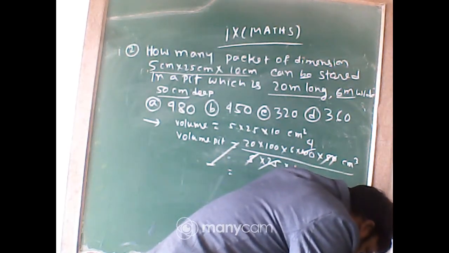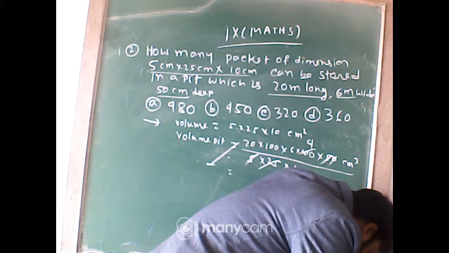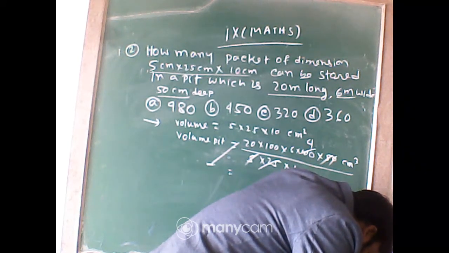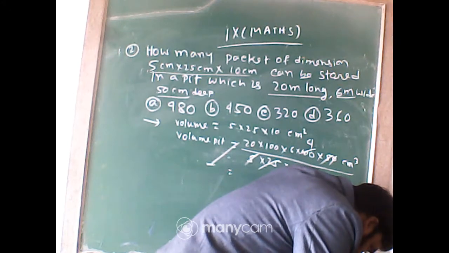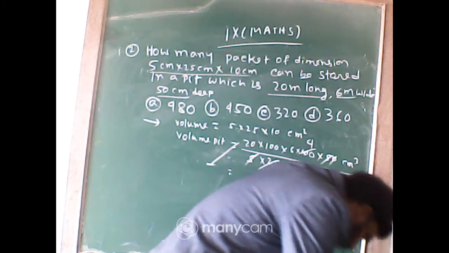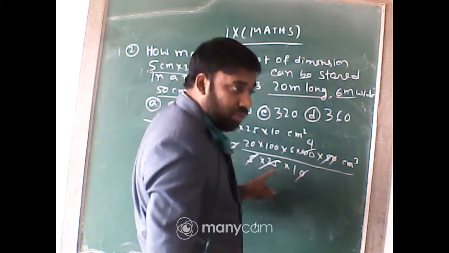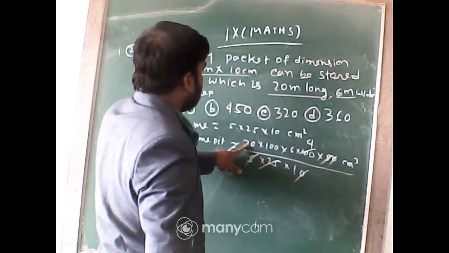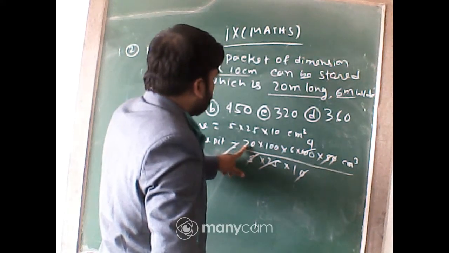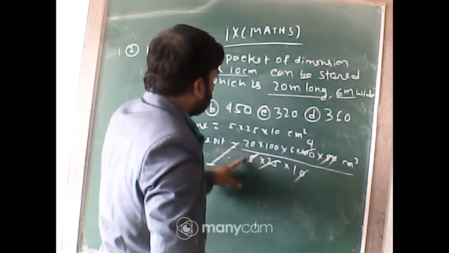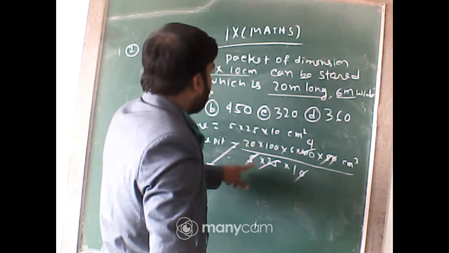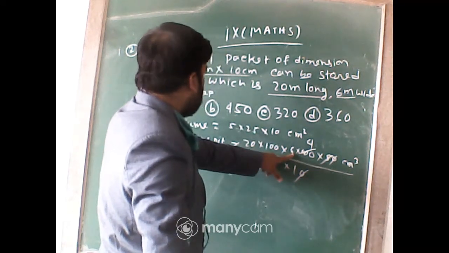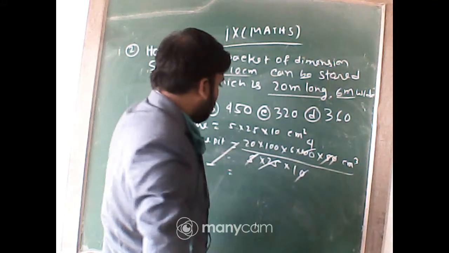So it is 5 centimeter, 20 meter, 6 meter and 50 centimeter deep. So 480, 5 into 25 into 10, and the upper portion, that is 20 meter and 6 meter and 50 centimeter.